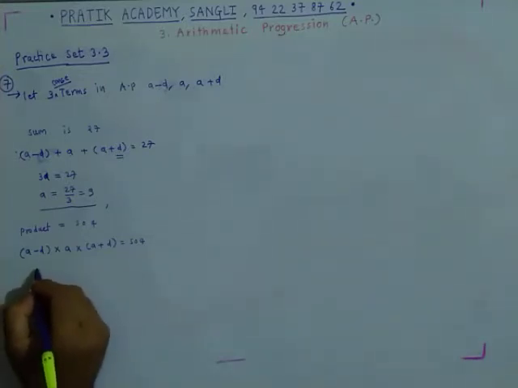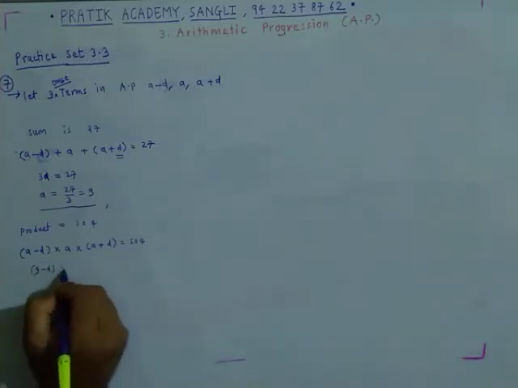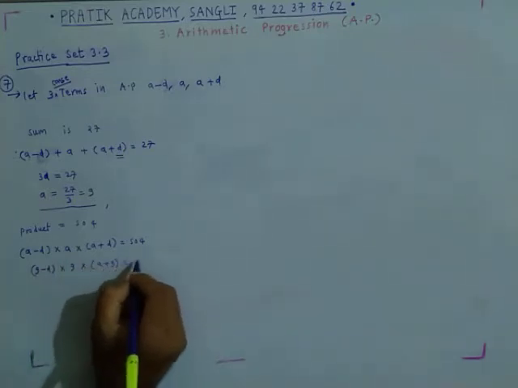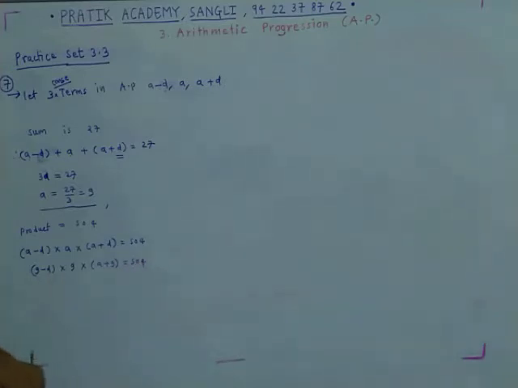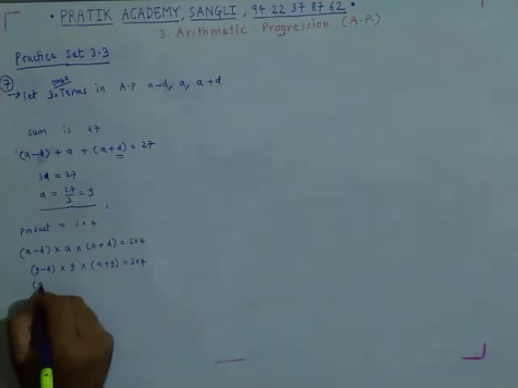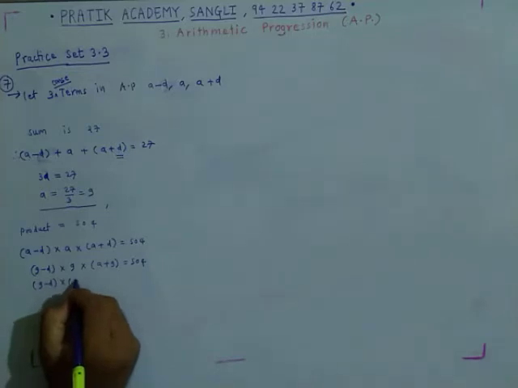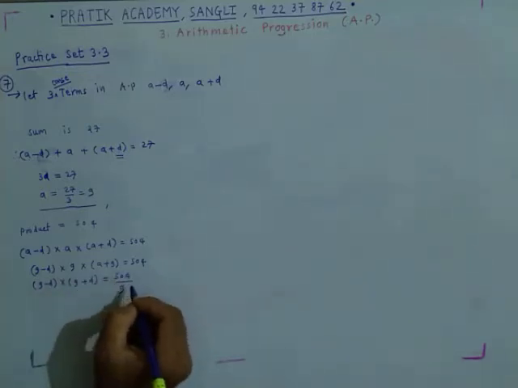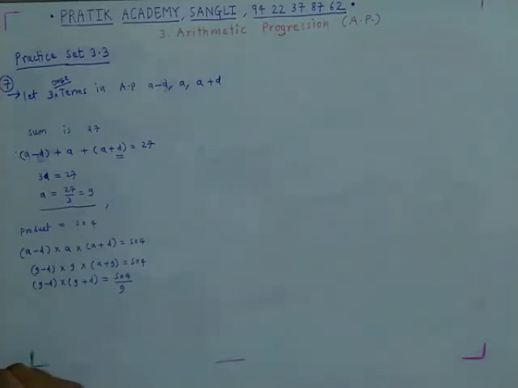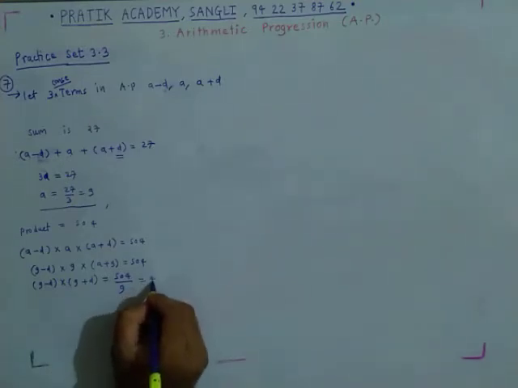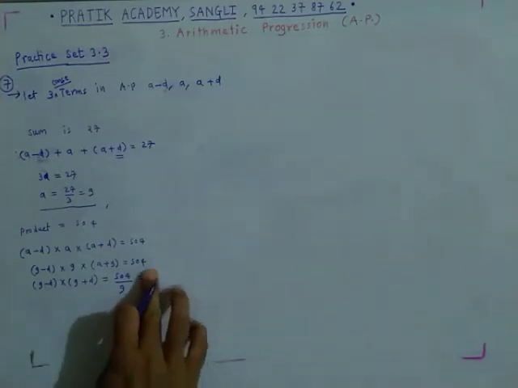So put the values here: 9 minus d into 9 into 9 plus d is equal to 504. So divide by 9: 9 minus d into 9 plus d is equal to 504 divided by 9.